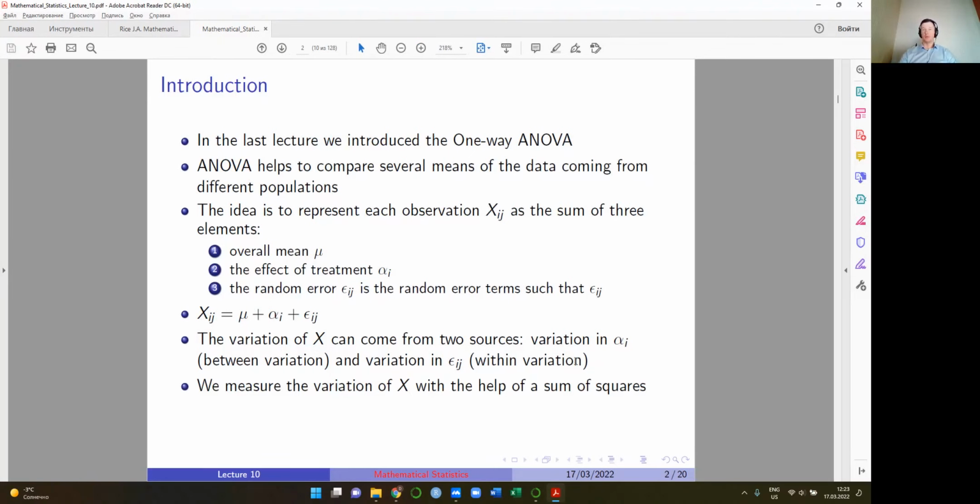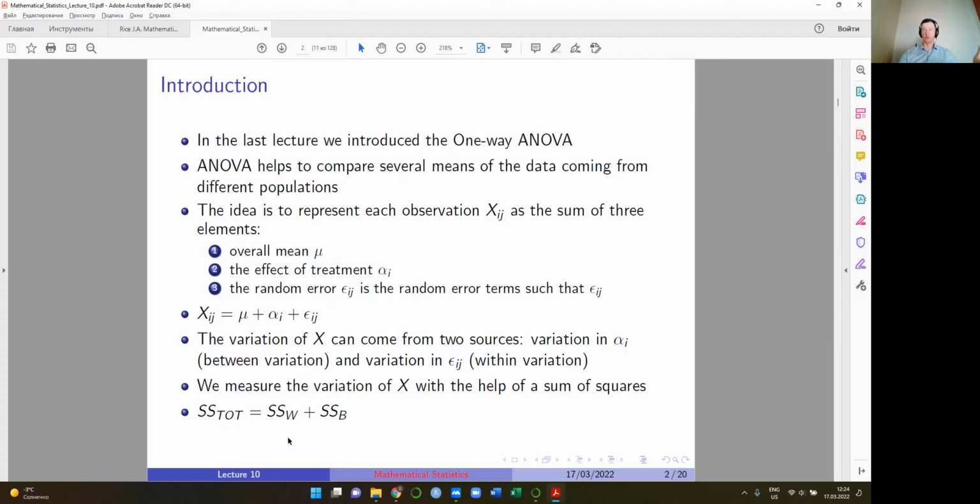And the ANOVA is established as the comparison of these measures of variation, which are called sum of squares. So we take the total variation in x in our sample, and we measure this with the help of sum of squares total, and this variation in alpha is represented with sum of squares between, and variation in epsilon is represented with the help of sum of squares within.